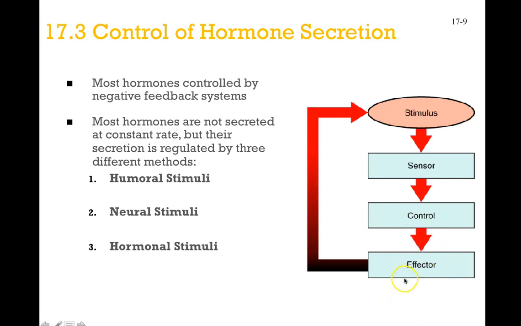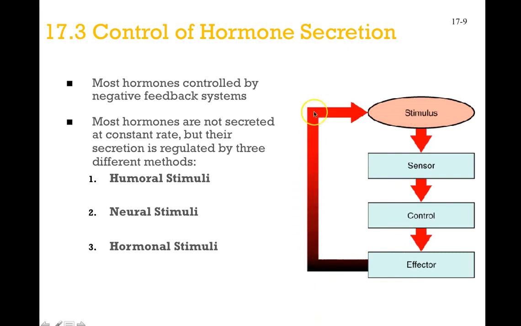So then it goes over to our effector organ. In this case, it would be the sweat glands throughout our body. Tell it to secrete some fluid, some sweat, and that sweat evaporating off of our skin will cool our body down.